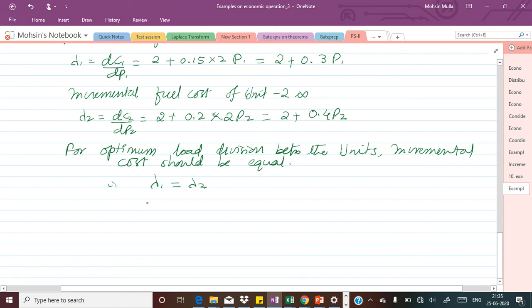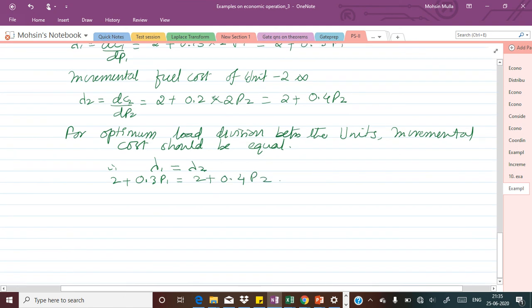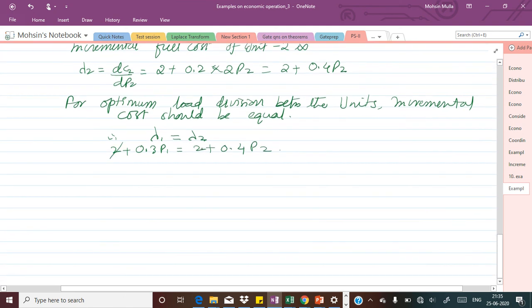Substituting the corresponding expressions of lambda 1 and lambda 2, it is 2 plus 0.3 P1 equal to 2 plus 0.4 P2. So 2 will get cancelled, and P1 is equal to 0.4 divided by 0.3 P2, we can write it as P1 equal to 4 by 3 P2.